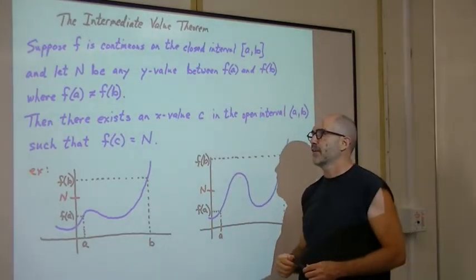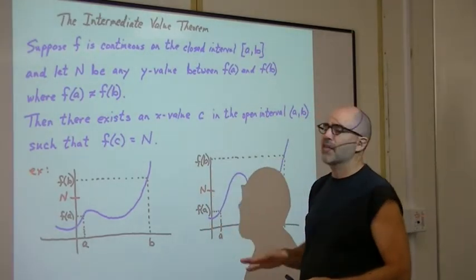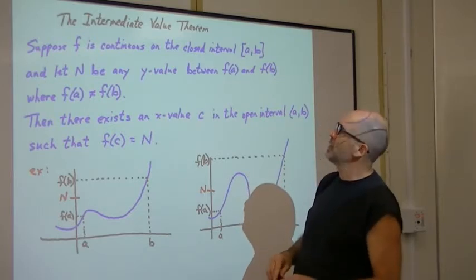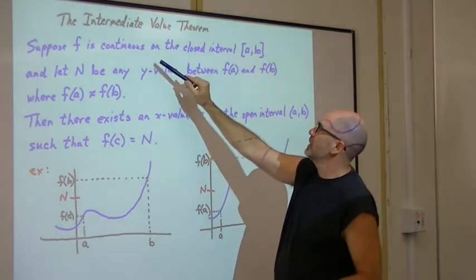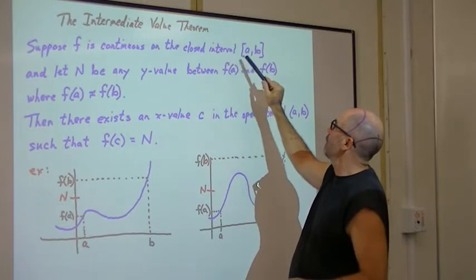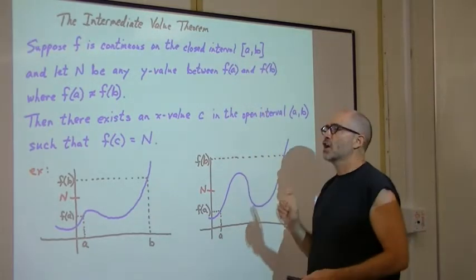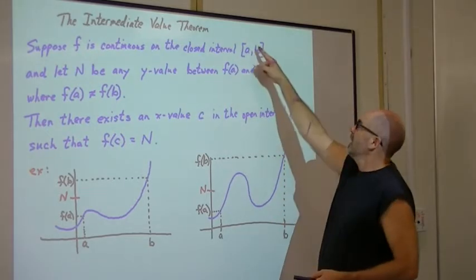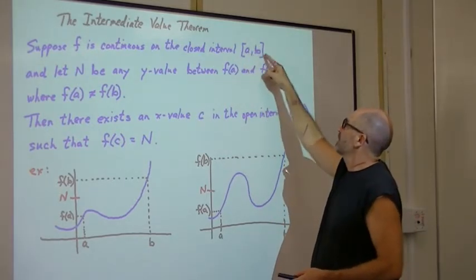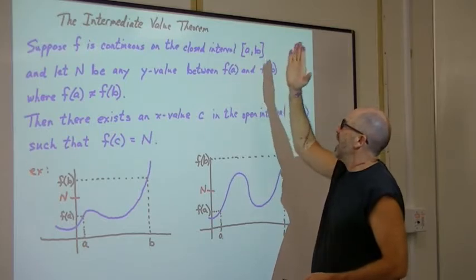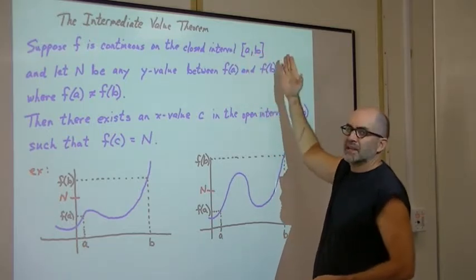Suppose f, that's like math proof language, suppose f is continuous on the closed interval a to b. Now, a closed interval is symbolized with brackets, and what it means is a is included and b is included.